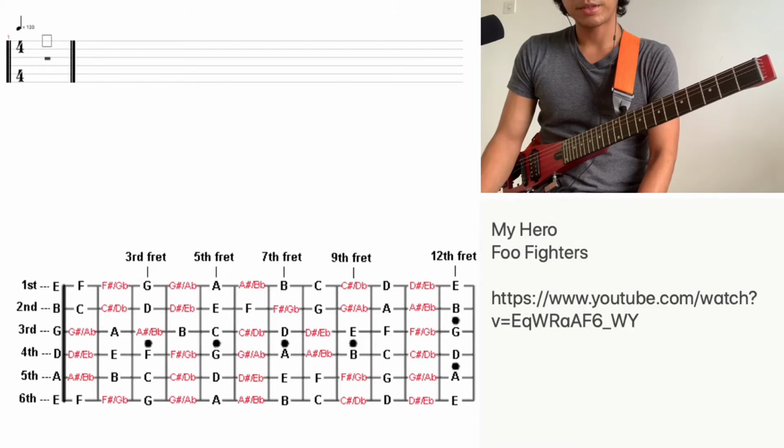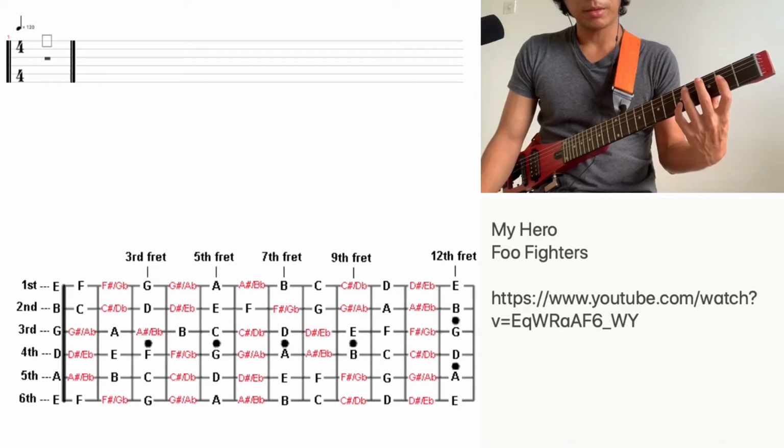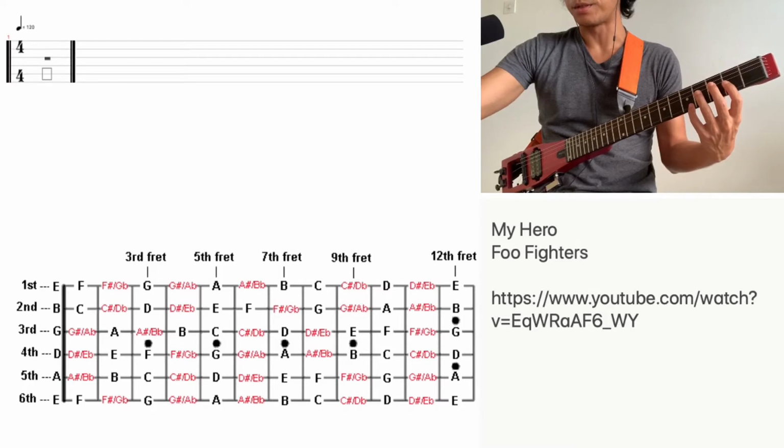The reason why we want to know the names of the notes on the 3rd and 4th strings is because the name of the octave will depend on whatever fret the pointer finger is on when it's on the 3rd or 4th string. I'm going to write down on the tab here the 1 octave chord.